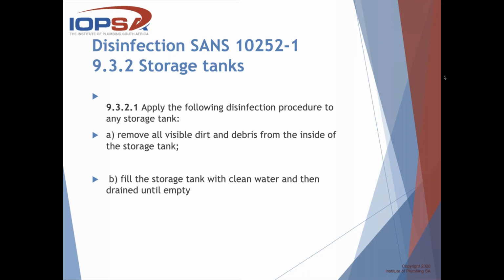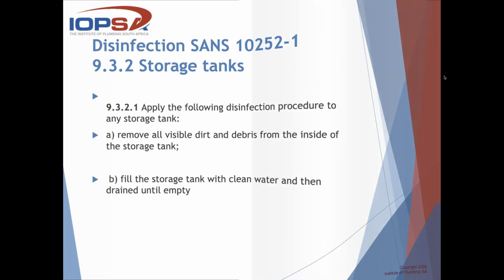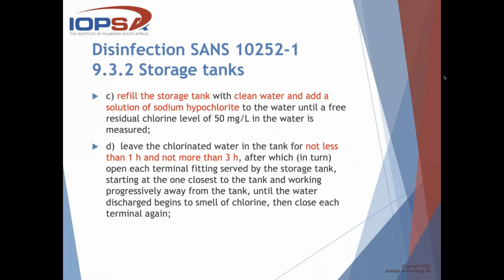Leave the chlorinated water in the tank for not less than 1 hour and not more than 3 hours, after which in turn open each terminal fitting served by the storage tank, starting at the closest one to the tank and working progressively away from the tank until the water discharge begins to smell of chlorine. Then close each terminal again, and then you can let it stand, because now you know you've got a chlorine mixture throughout the tank system, and it can stand there to disinfect it.